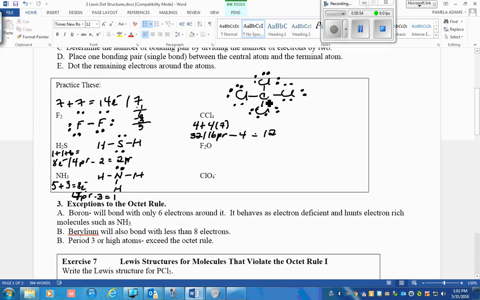electrons with the chlorines. F2O would have 14 valence electrons from the 2 fluorines, 6 from oxygen, which would be 20, or 10 pairs. Oxygen will be the central atom. It is less electronegative than the very electronegative fluorine.